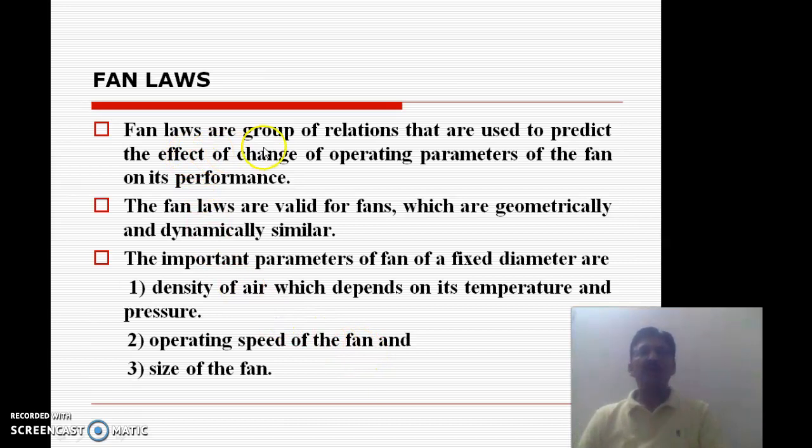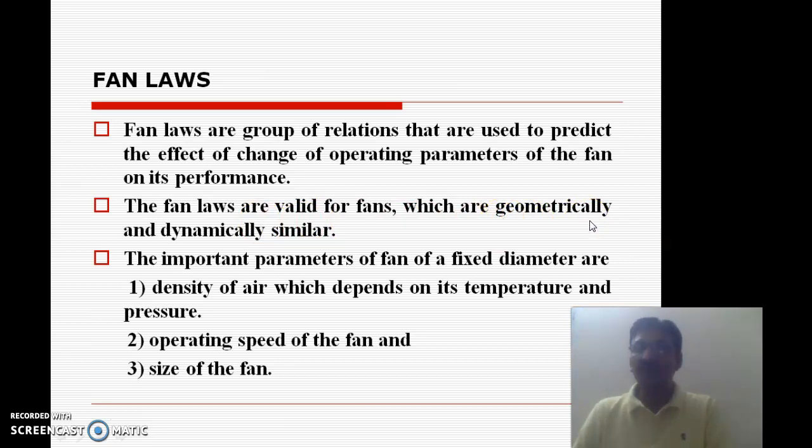So if you see, the fan laws are groups of relations that are used to predict the effect of change of operating parameters of the fan on its performance. The fan laws are valid for fans which are geometrically and dynamically similar. So if we are using these fan laws, then it should be geometrically and dynamically similar.